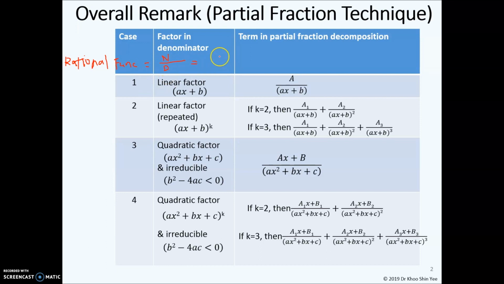So for example, let's say you have something like 1 over 5x plus 1, where you should know that 5x plus 1 is a linear factor.